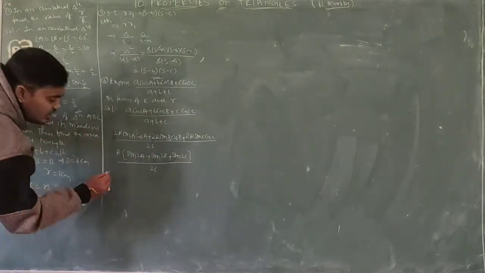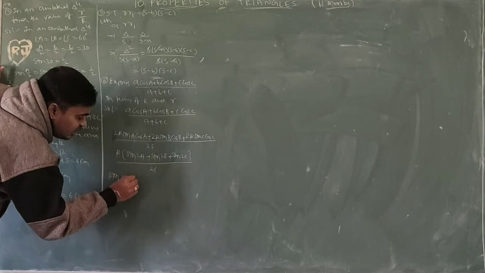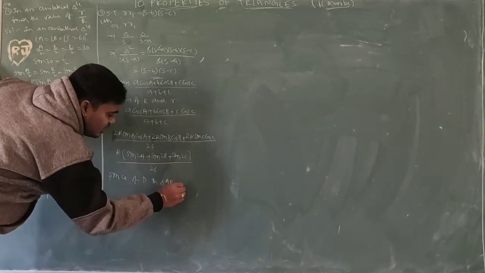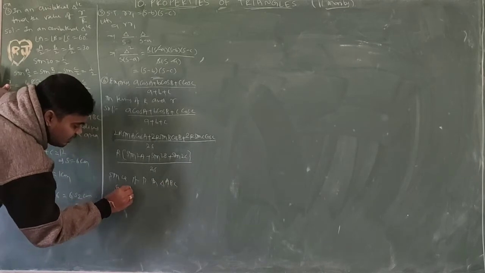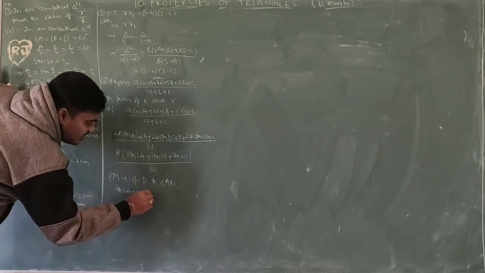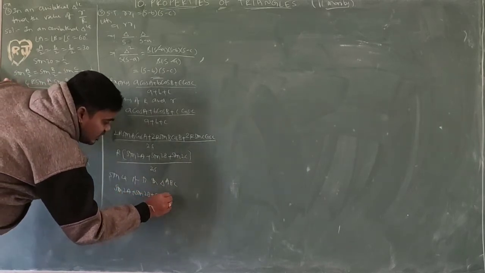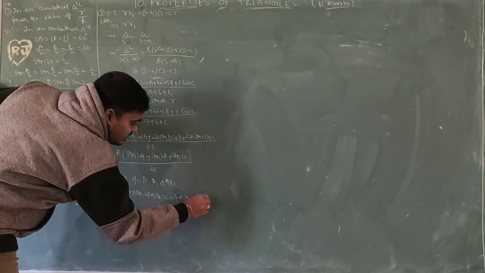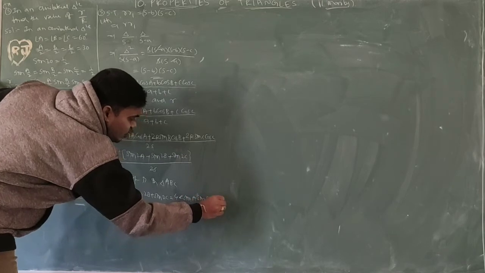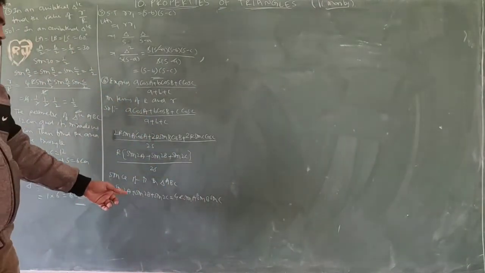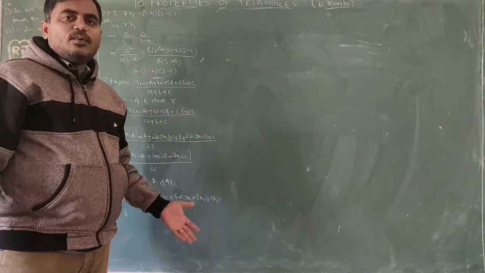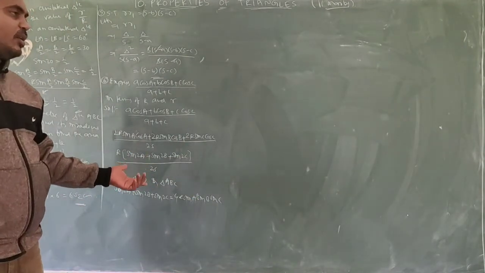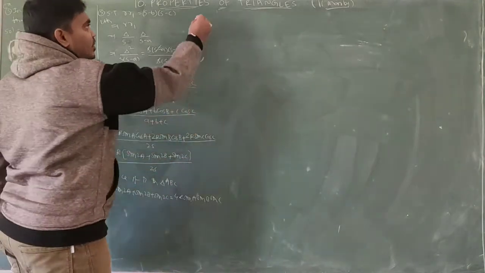We have done this many times, and already proved it. So this is equal to 4 sin A sin B sin C. If you remember, you can write it directly, no problem.